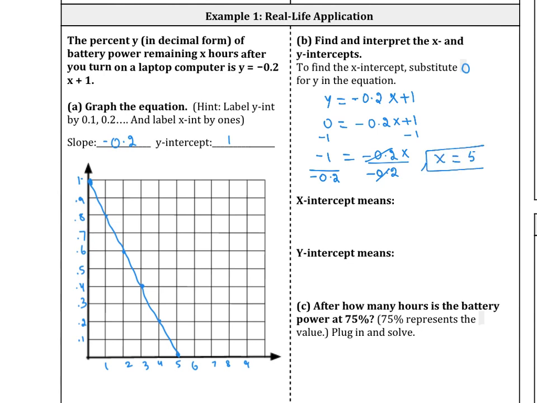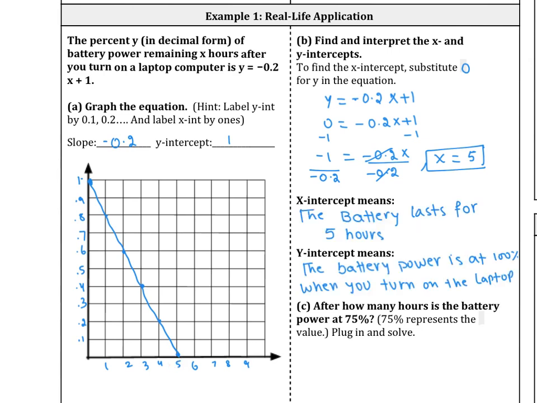So 1 divided by 0.2 is 5. You can also see from the graph that x equals 5. So the x-intercept means that the battery lasts for 5 hours. The y-intercept means that the battery power is at 100% when you turn on the laptop.